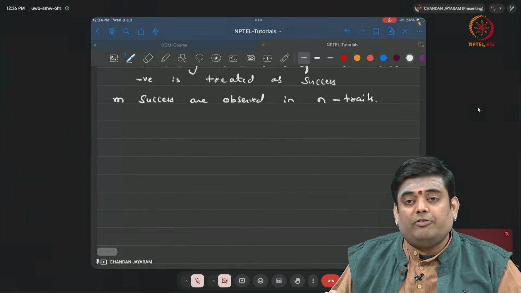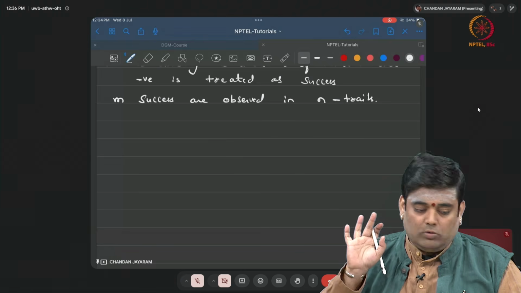Now what do we do? First we find the MLE for P and then we convert back to mu, that is the standard idea.